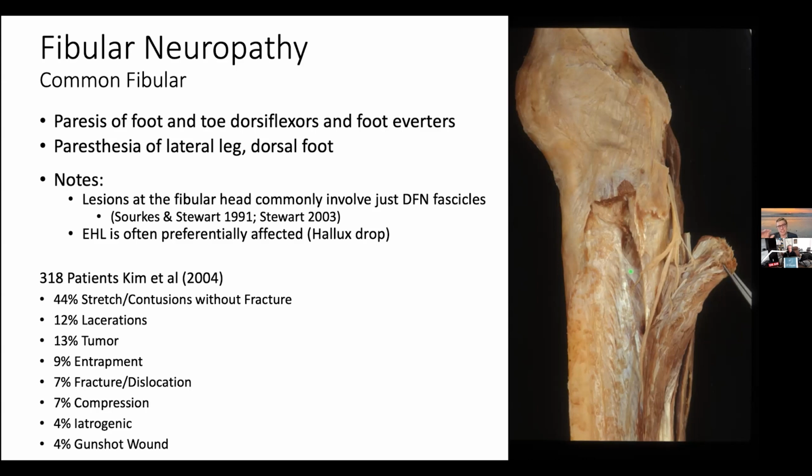And again, that's, I think, because of the positioning of those fascicles within the common fibular. It's also important to note that when the entire common fibular nerve is affected, it's those deep fibular nerve branches that are going to suffer more profound motor deficits. Specifically, the extensor hallucis longus is preferentially going to be affected. So you might see hallux drop as opposed to true foot drop there.